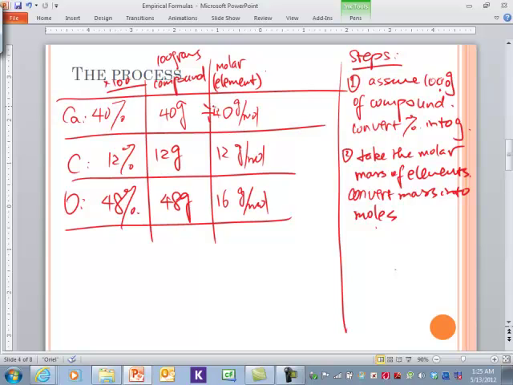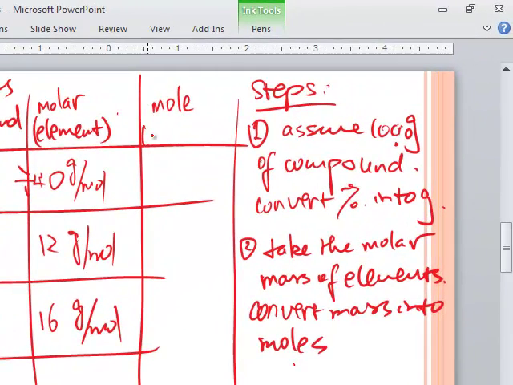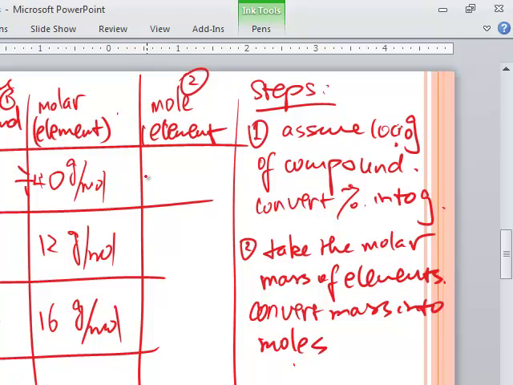If you're a little bit confused, use the monkey bar, set it up, and trust me, the 40 grams will be appearing on the denominator. So those are for moles of each element. Okay, so this is step 1, and that will be step 2. 40 divided by 40 will be 1.0 mole, this one will be 12 divided by 12, 1.0 mole, and this one will be 3.0 mole.